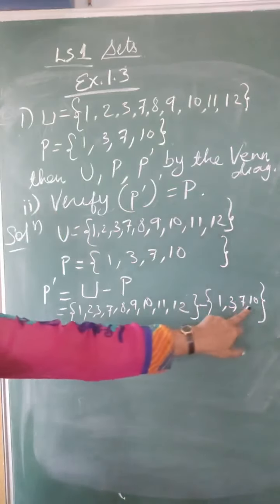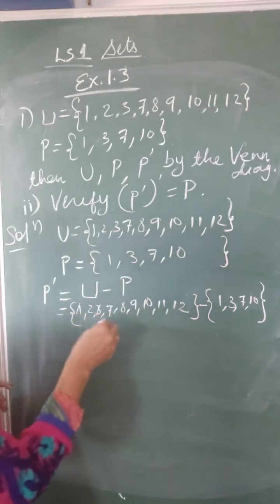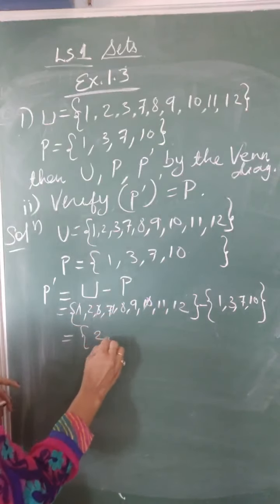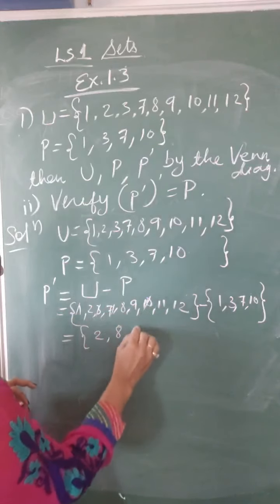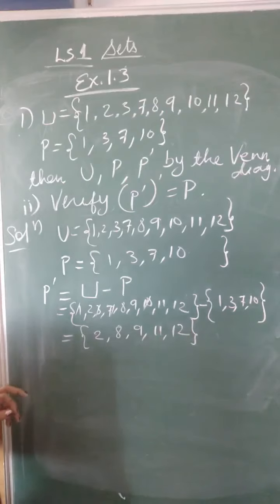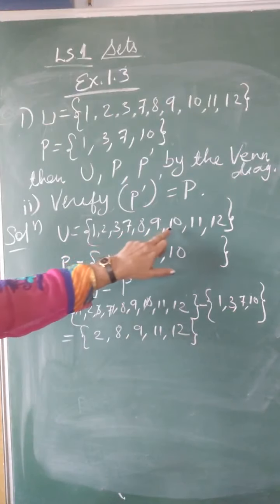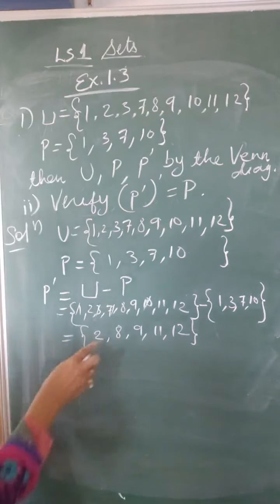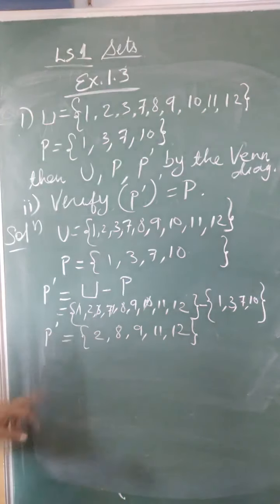Now when you cancel 1, 3, 7 and 10, what are the elements left? 2, 8, 9, 11 and 12. Yes, 2, 8, 9, 11 and 12. These are the elements of complement of P.